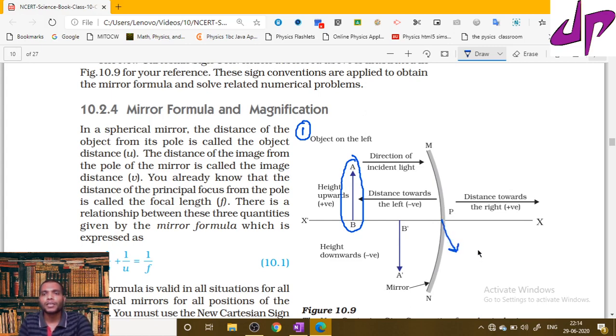Distances towards the left should be taken as negative, and distances towards the right as positive. Simplest rule. Why do we take positive and negative? Because this is the positive x-axis and this is the negative x-axis.